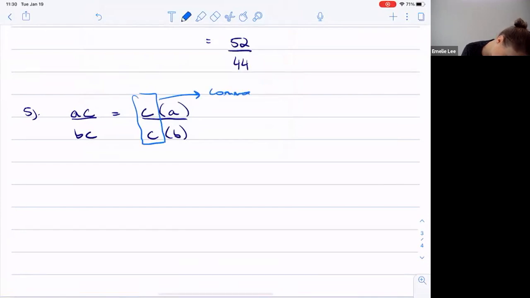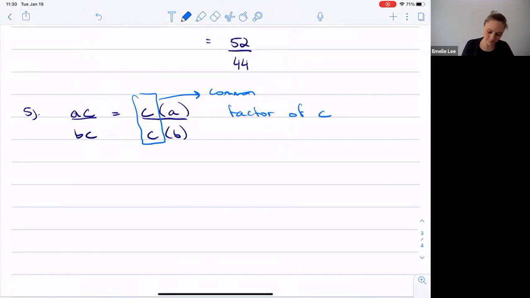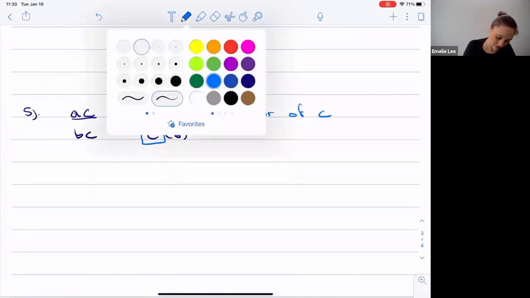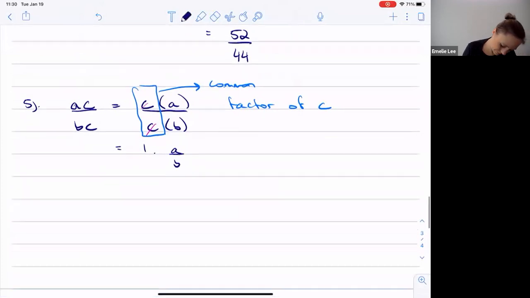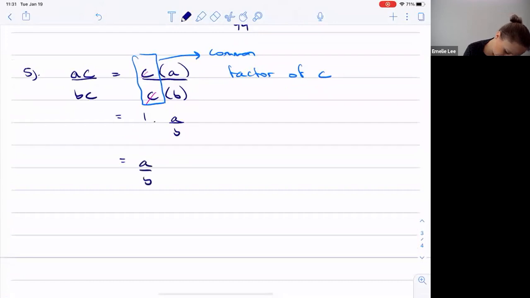We use the word common a lot, don't we? A common factor of C, right? C over C is just going to cancel, and that becomes a 1. So 1 times A over B is 1 times A over B. Which is just A over B.